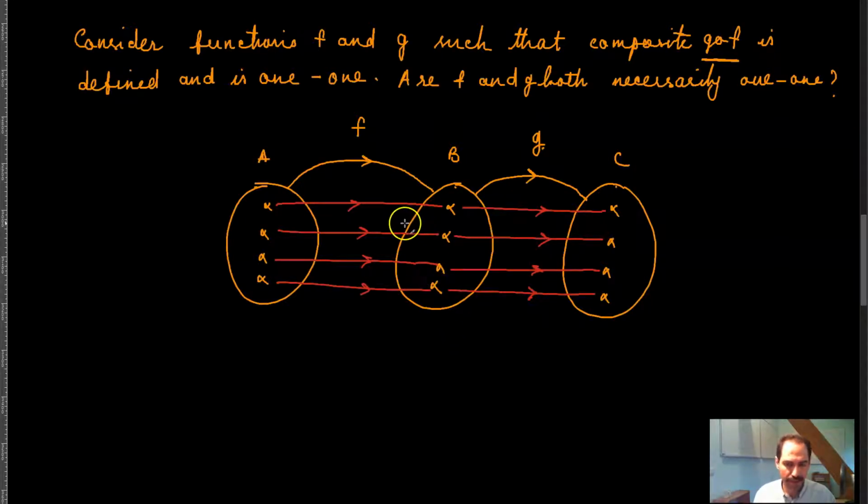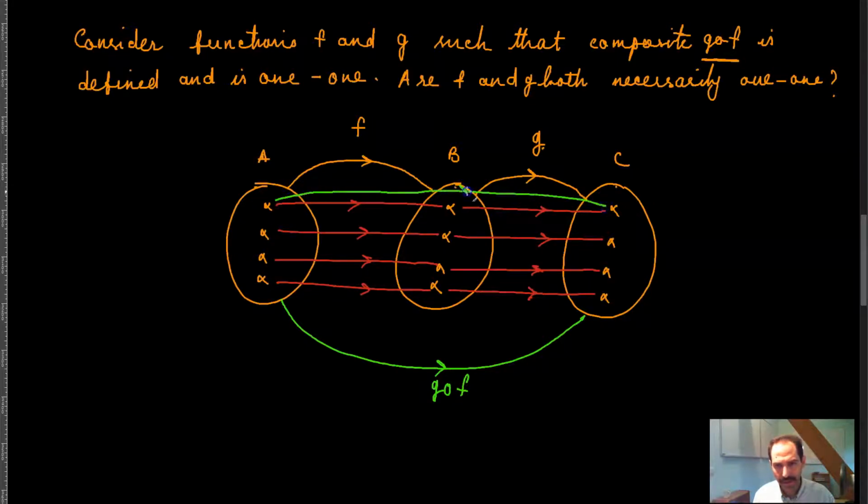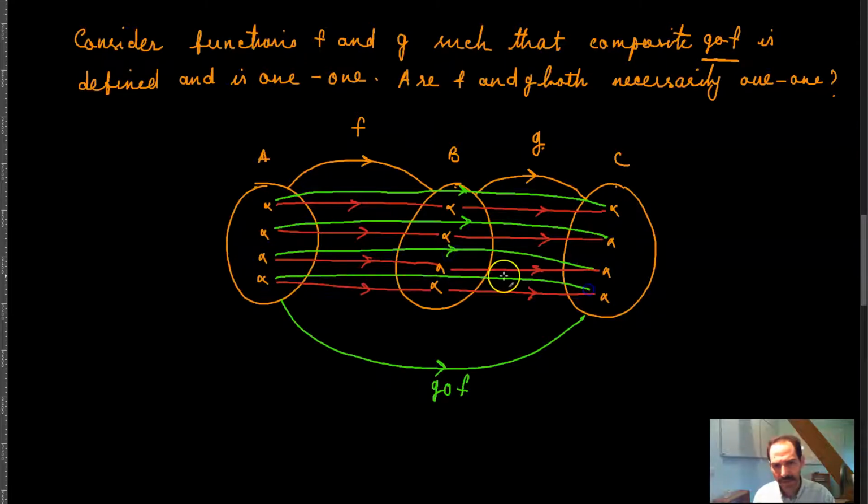And then, of course, g∘f is a function that goes from A to C, and under g∘f each element of A is mapped to an element of C. As you can see, g∘f is 1-1.